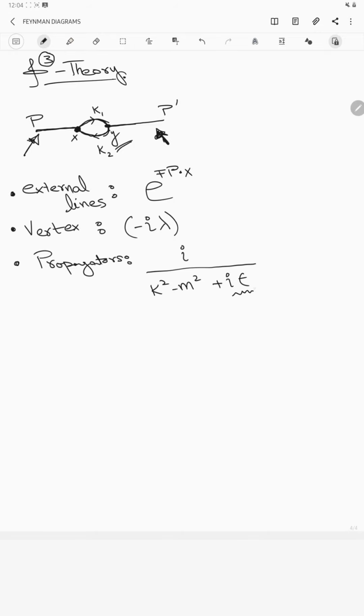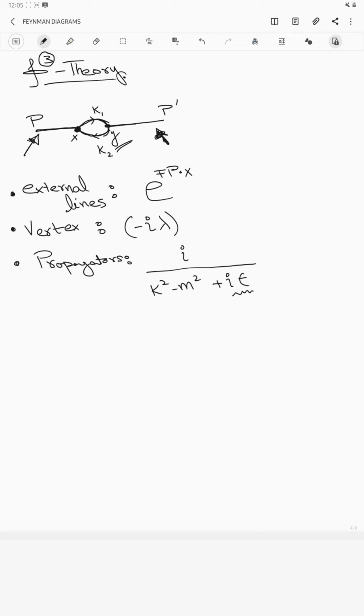And this i epsilon comes from the fact that you might have a pole at k squared equal to m squared, because then it would not be defined at that point. So to avoid that, we add i epsilon.